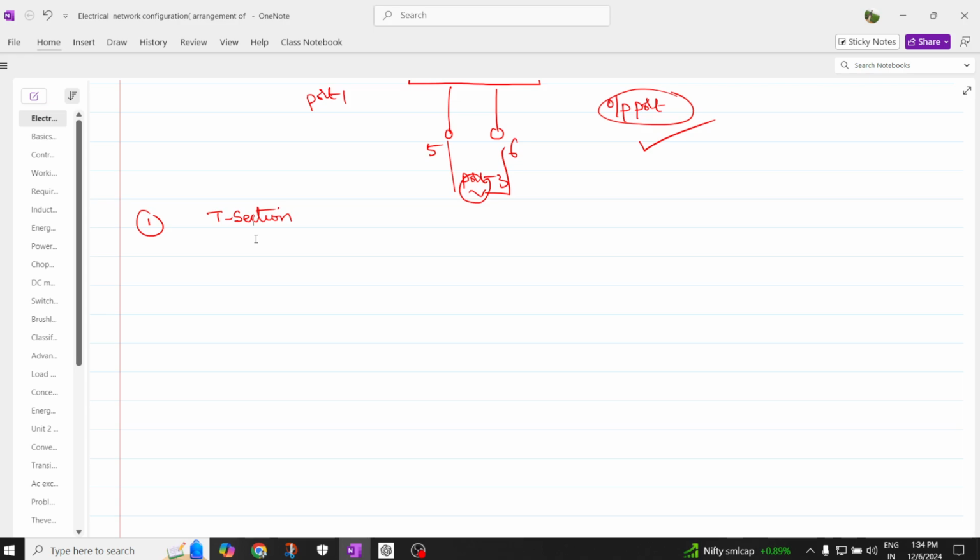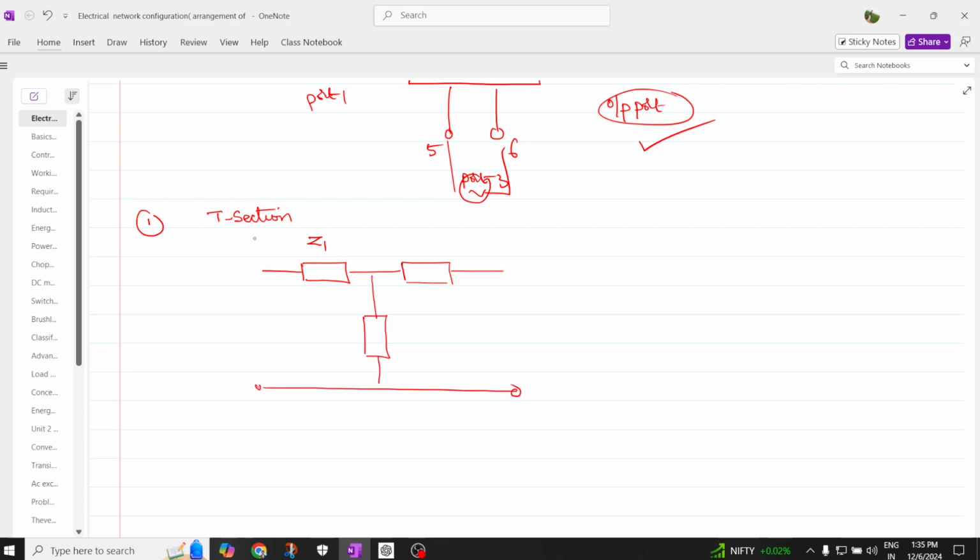I'm going to draw a T-type network. Here I'm directly drawing the impedance. I'm labeling this impedance as Z1, and I have one more impedance, the second impedance, Z2. At the center I have one more branch, which is also an impedance.